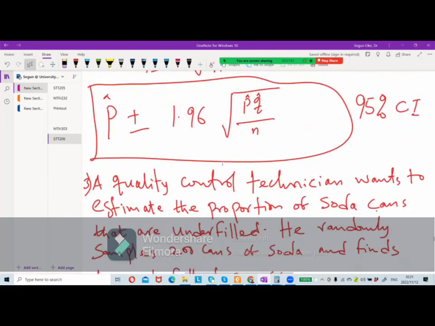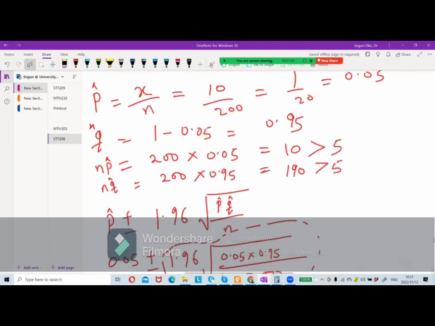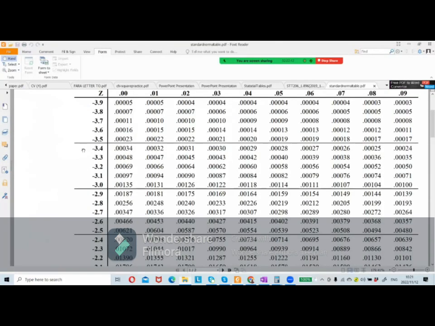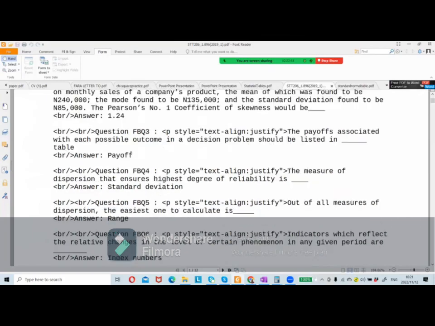Estimation theory is not more than that. So how do they ask us in the exam? For those of us that have the past question, I think I have one or two here. I'm not too sure. Let me check. Okay, there's one here.